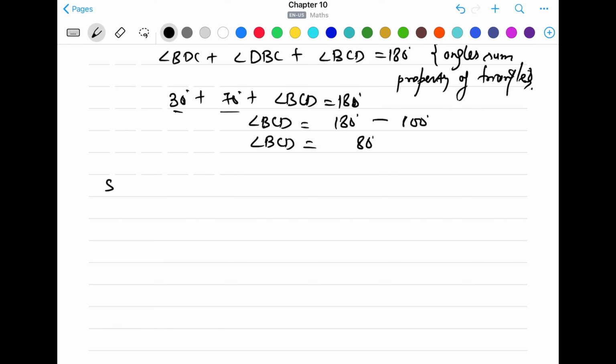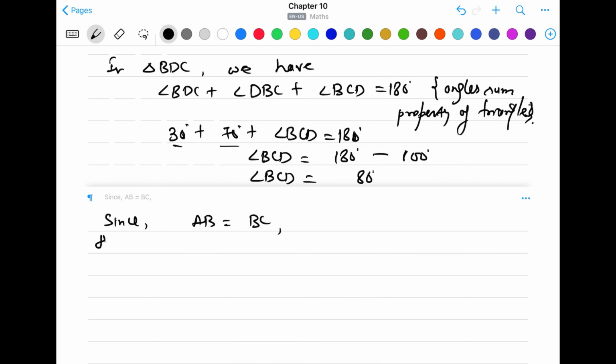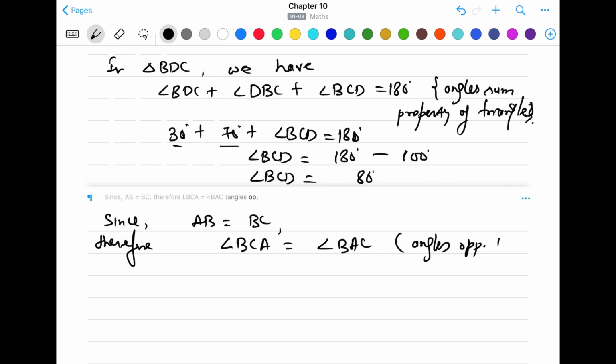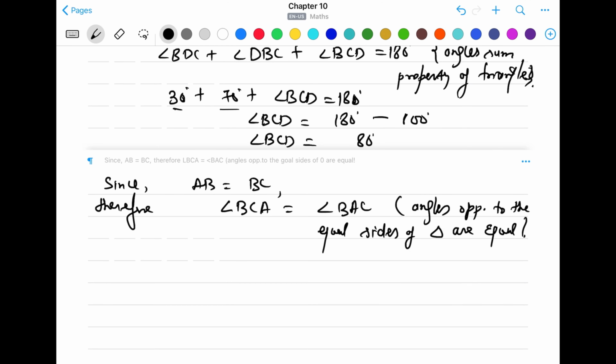So since AB equals BC, their opposite angles, angle BCA and angle BAC, will be equal. The reason is that angles opposite to the equal sides of a triangle are equal.